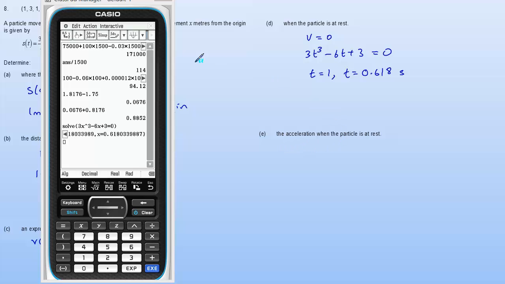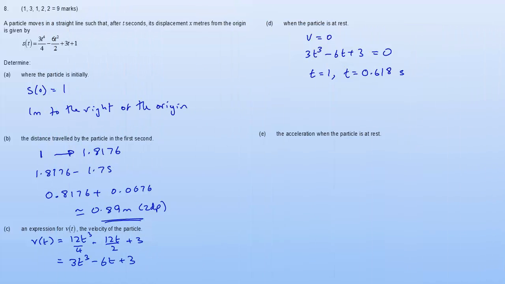Finally, we want the acceleration when the particle is at rest. So to get acceleration, we differentiate this one again, so that's going to give us 9t squared minus 6.